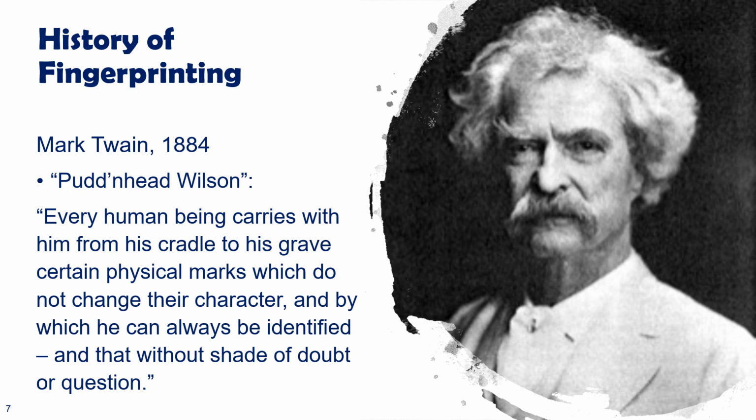In that book, Twain describes fingerprints as a unique characteristic of a person that does not change through their life, and this can essentially be summarized as the three fundamental principles of fingerprinting.